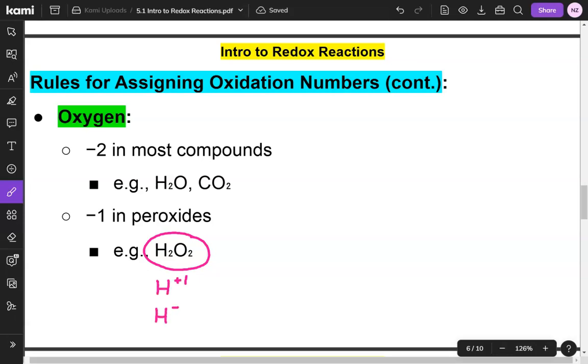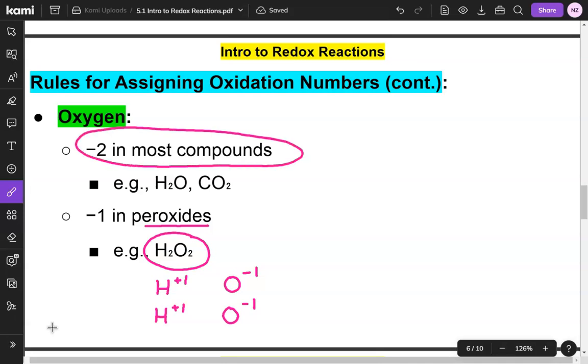I know hydrogen is +1 because oxygen in this case is a nonmetal. The sum of our oxidation numbers in this case is going to be 0. So in order for this to work, oxygen has to be -1. Okay, but that's only going to happen when you have a peroxide. Okay, the rule for oxygen in most cases is going to be that it will be -2.